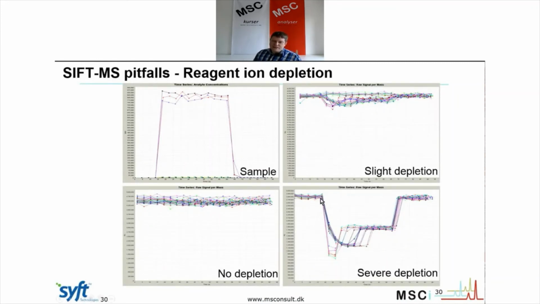And because of this, then you will get severe depletion. But what you can do then, if you have the sensitivity for it, which you usually do, then you can dilute it and then run the analysis again, because then you won't have all that ethanol to interfere in this example. But here you could still quantify, then you just need a calibration curve.